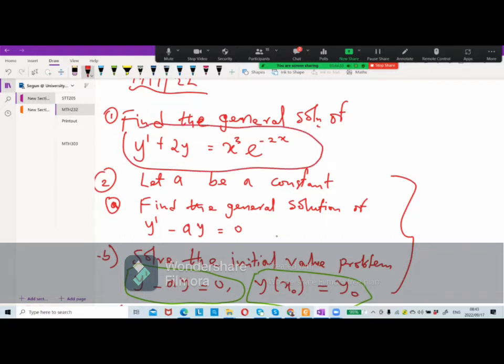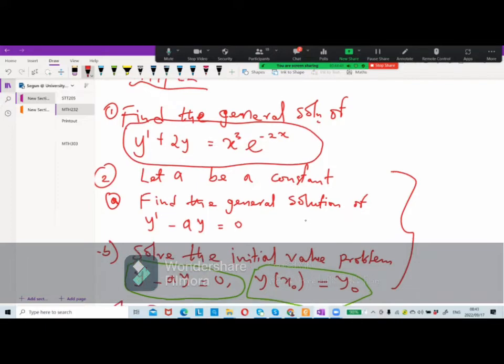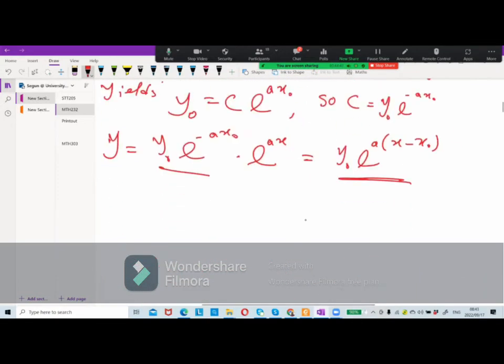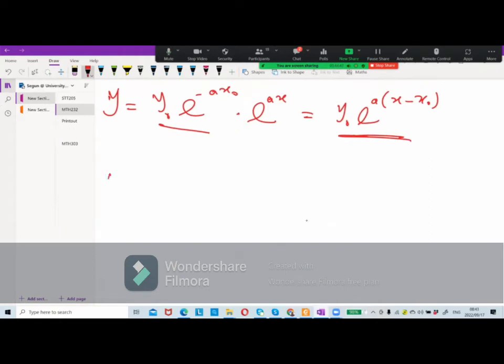So for us to find the general solution of this type, let me write here. Question 1: y prime plus 2y equals x cubed exponential minus 2x.